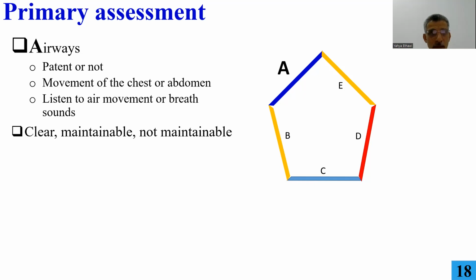Clear means there is no problem with the breathing. Maintainable means that with some help, such as a mask or positioning, the child can breathe; once you change that position, the child cannot breathe, but the child can maintain breathing without active help.